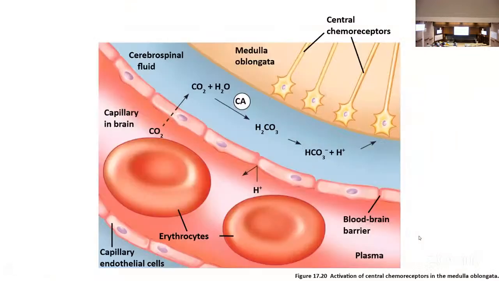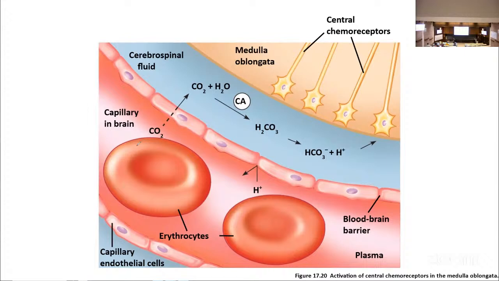Okay, so here's a picture of what's going on with the central chemoreceptors. What we're focusing on here is that central chemoreceptors are going to react when we have a change in carbon dioxide in the blood. So here we see that carbon dioxide in the blood, but they're not touching that bloodstream directly. We have a blood-brain barrier.